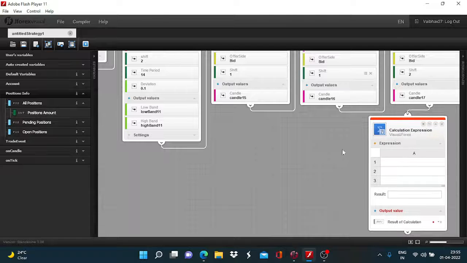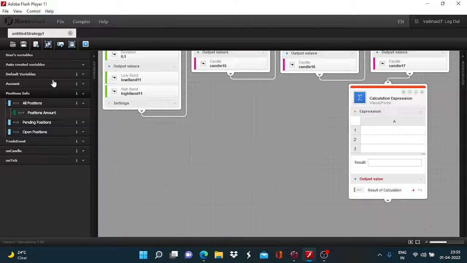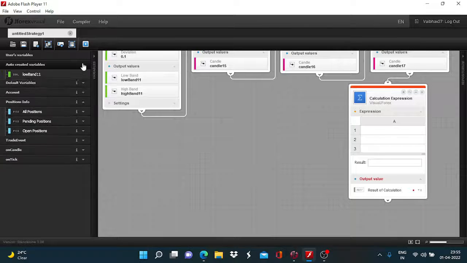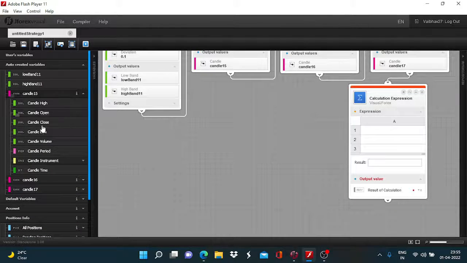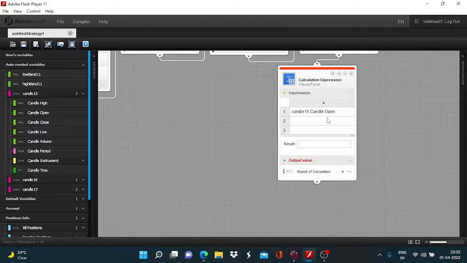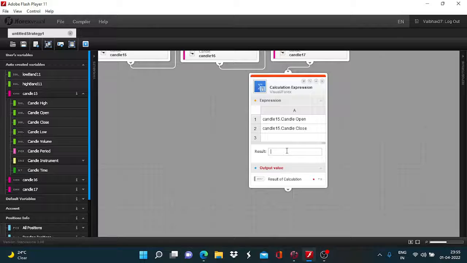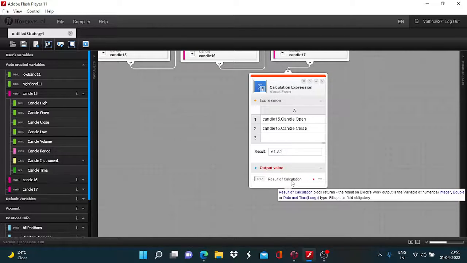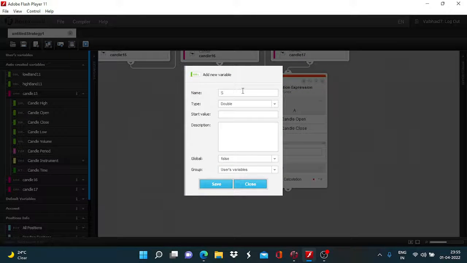So we have to put in the difference. In the first case, we will be deducting the candle open price and close. So here we will deduct closing value from the opening value. So this is going to be A1 minus A2, and this will be for sell side difference.